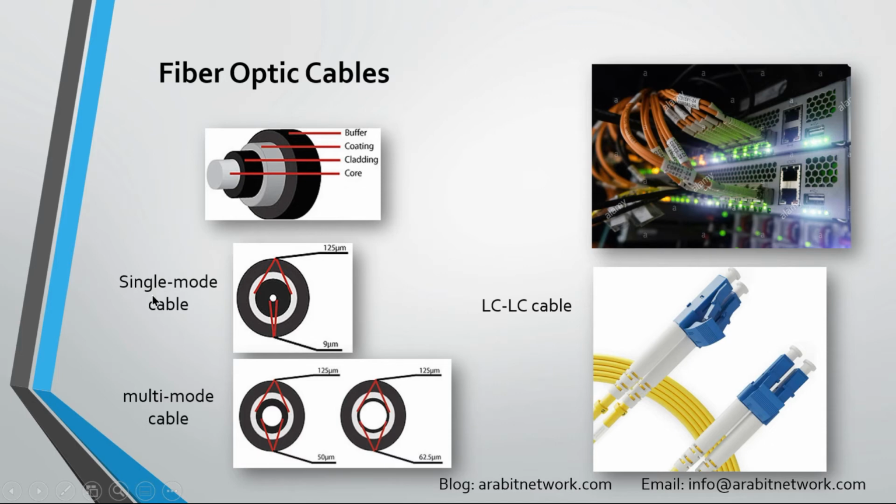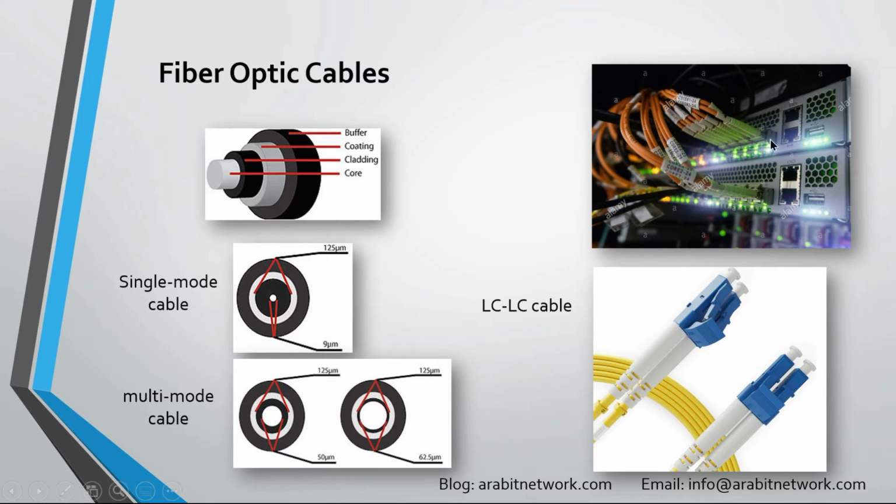Inside your data center or inside your building, you could use the multi-mode cable. It runs for shorter distances than the single mode cable, and it uses the most common types of SFPs, which is the shortwave, or SW, transceivers or SFPs.